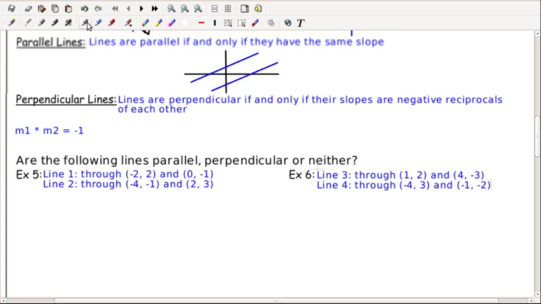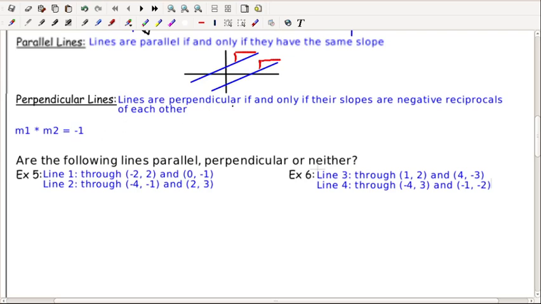The reason for that is a rise on this line and a run will look exactly the same, rise, run on the other line. Same amount to keep them parallel. Remember that parallel lines are two lines that never cross. So your rise is the same as your run, which gives you the same slope.